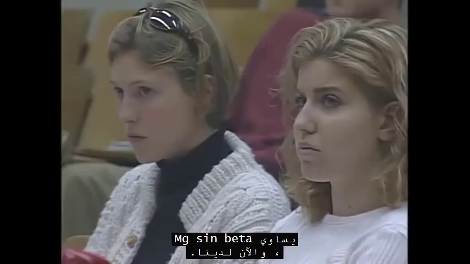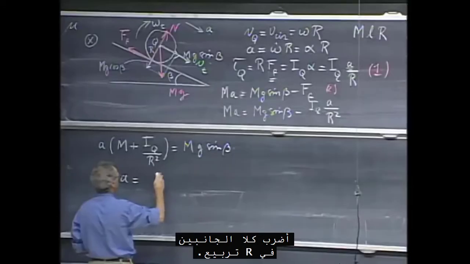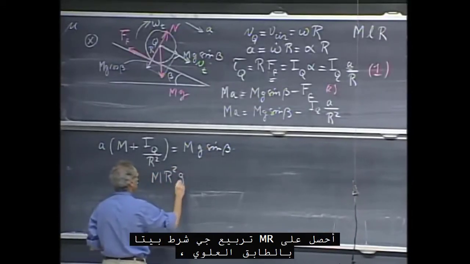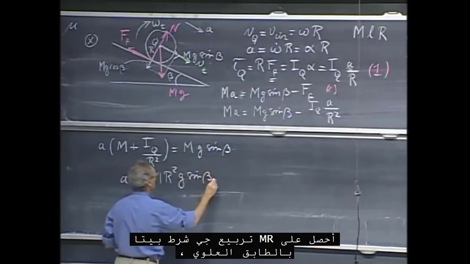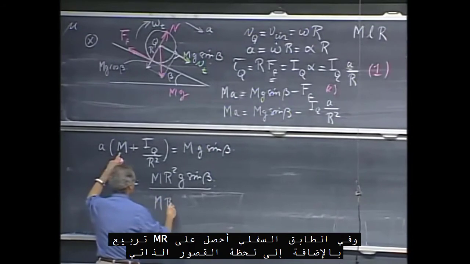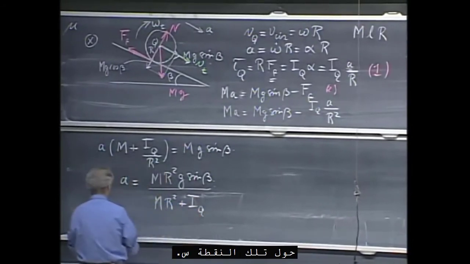I'll multiply both sides with R squared. I get m R squared g sine beta upstairs, and downstairs I get mR squared plus the moment of inertia about that point Q.